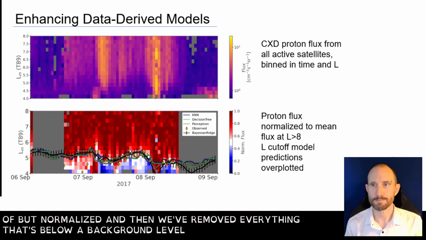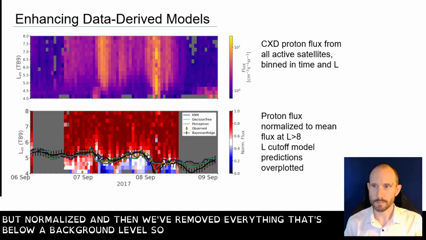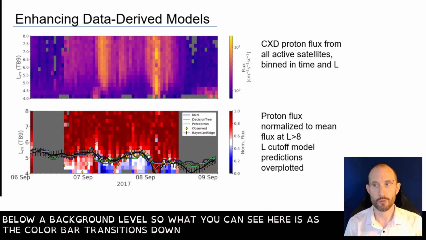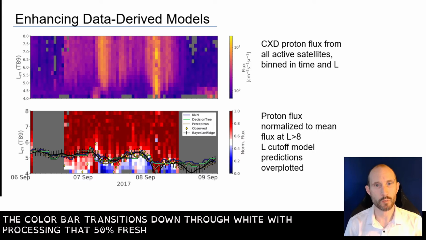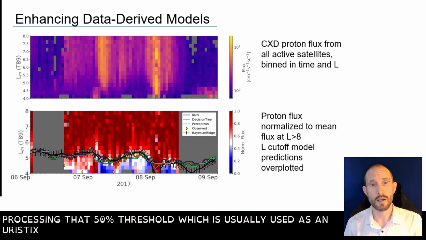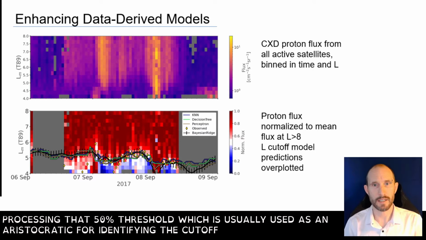The bottom panel shows the same data but normalized, and then we've removed everything that's below a background level. So what you can see here is as the color bar transitions down through white, we're crossing that 50% threshold, which is usually used as a heuristic for identifying the cutoff at a given energy.